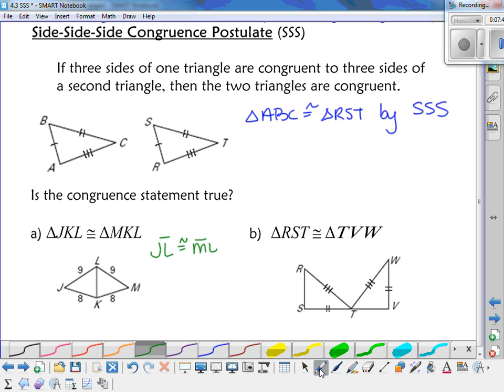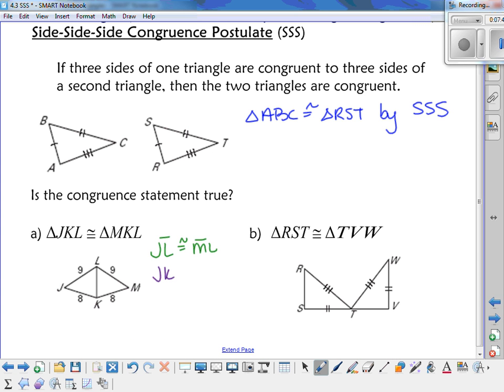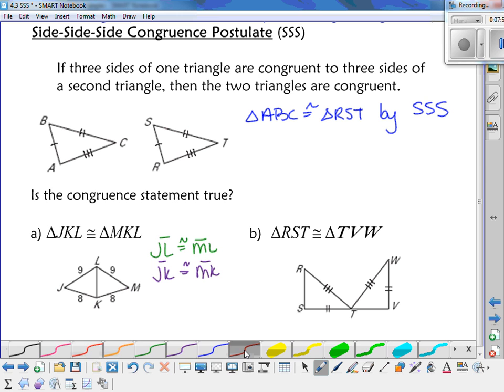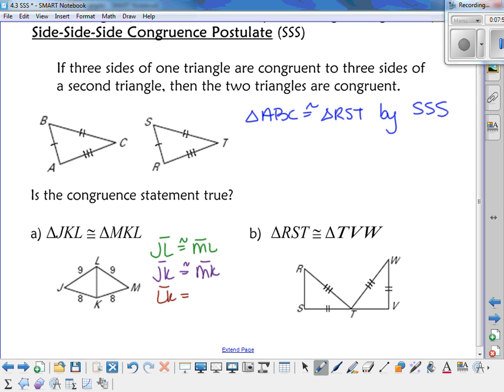And I can see that JK is congruent to MK because they also have equal measures. And then finally, I know by the reflexive property that LK would be congruent to LK. And so, yes, those are congruent by side-side-side.